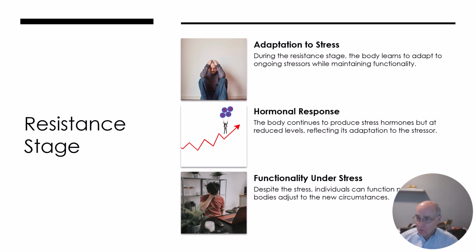So let's say you're dealing with high sugar. Your body's going to continue to adjust and produce more insulin, but over time there are going to be problems developing, not so much with producing insulin, but the type of insulin and other factors may lead to what's now referred to as insulin resistance.